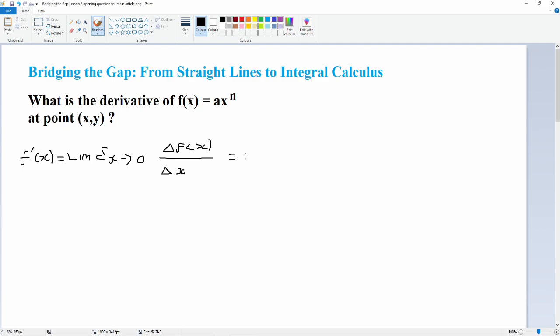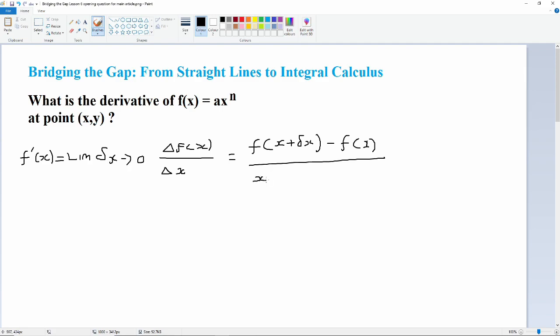which is equal to f of x plus delta x. That's the little bit bigger bit, minus the original bit, and that's the change in f of x divided by the change in x.